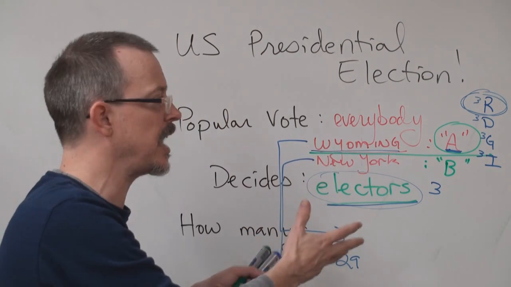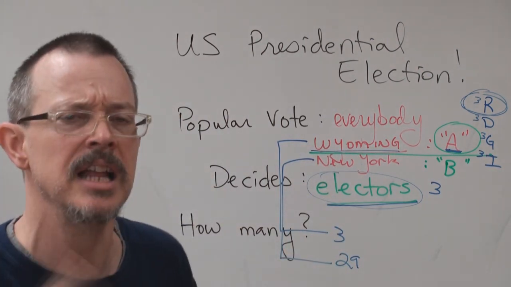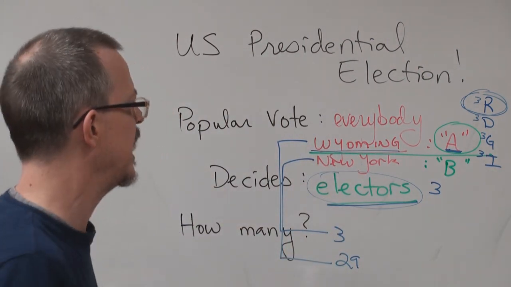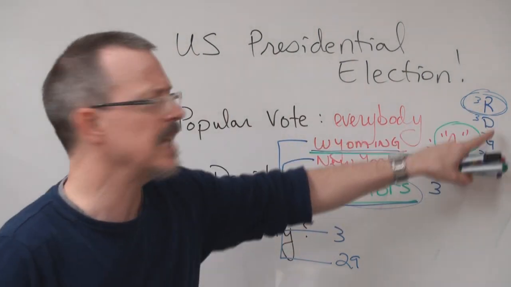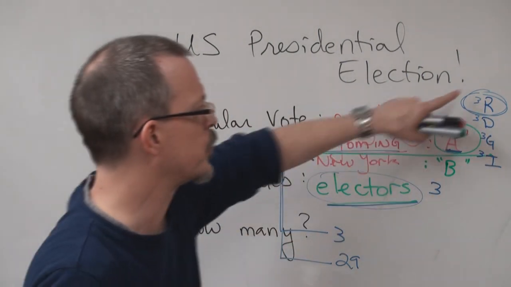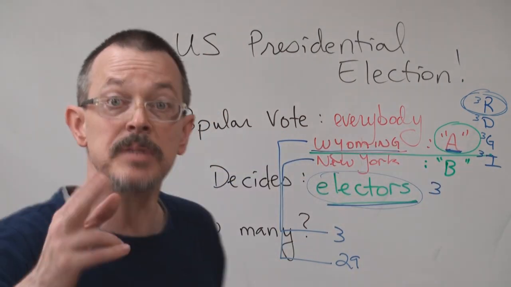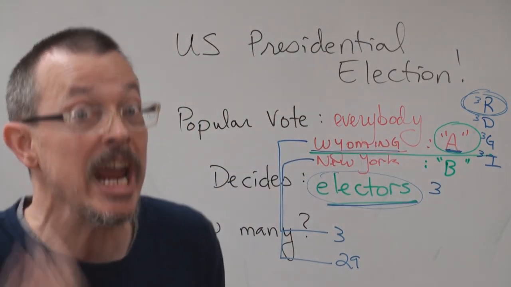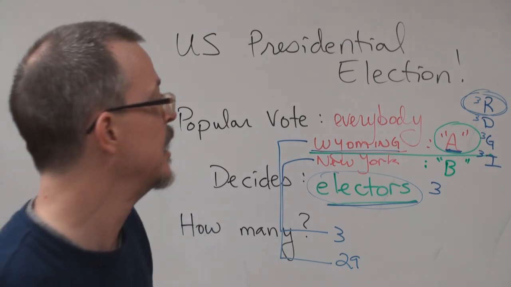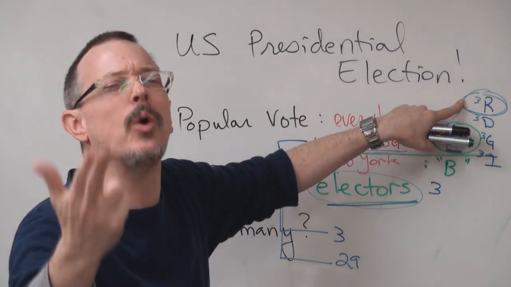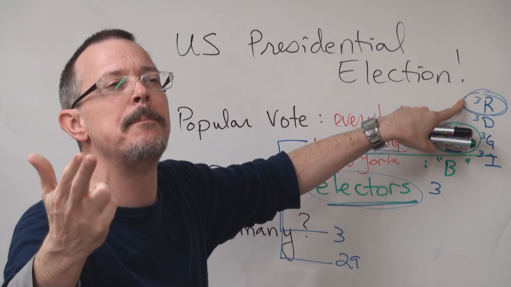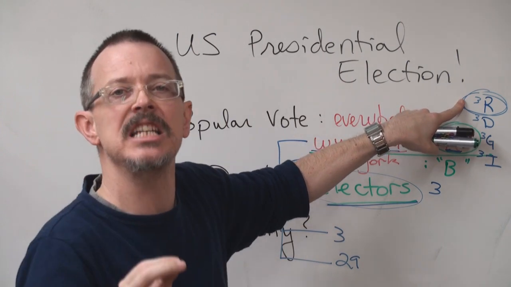So this is okay, but sometimes there is a problem. Sometimes these electors, remember, 3 Republicans, 3 Democrats, 3 Green, 3 Independent, sometimes these people change their mind. So I said I was going to vote for George Bush, but I changed my mind.